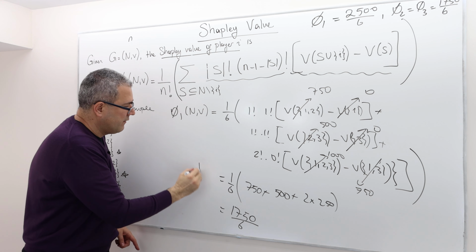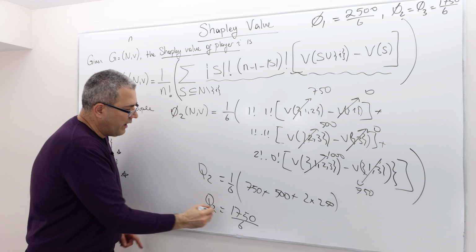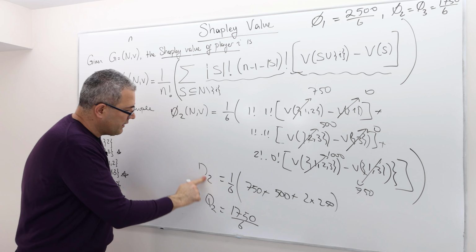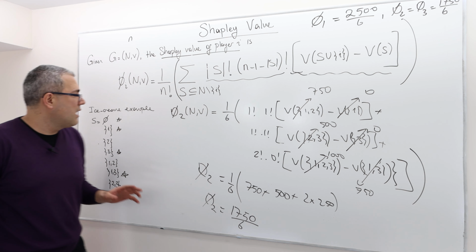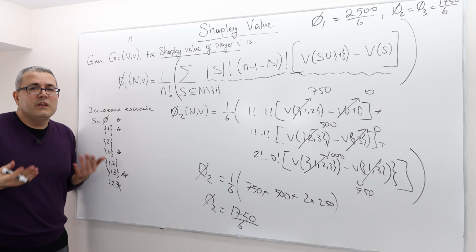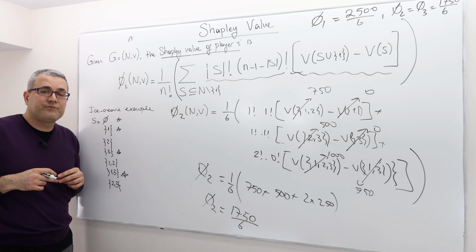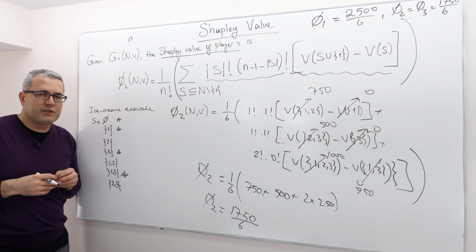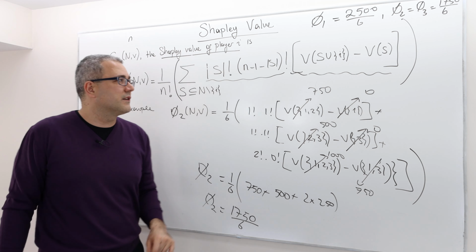Why did I say phi 2? Oops, this is not q, this is phi. So phi 2 and phi 3 are the same. I leave it to you as an exercise, but remember the player 2 and 3 marginal contributions. Do the calculation, you'll see phi 2 and phi 3 are exactly the same.